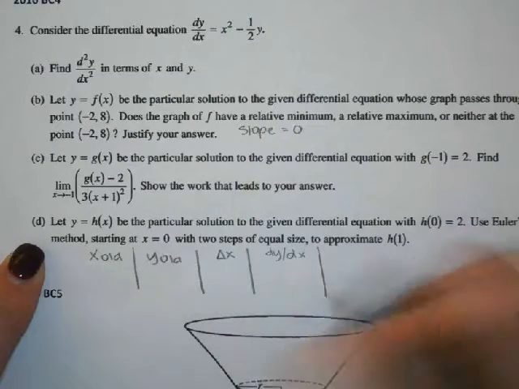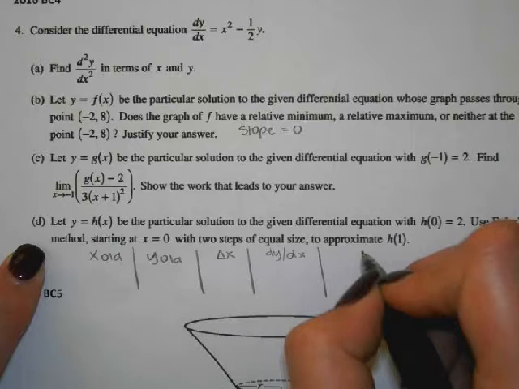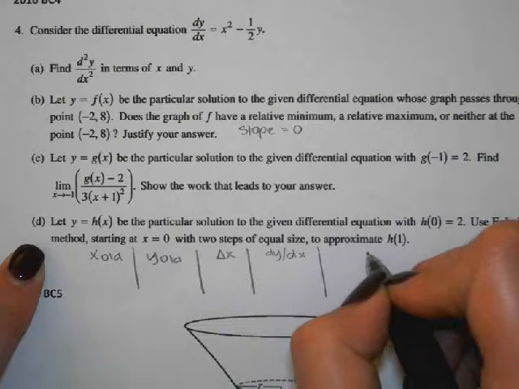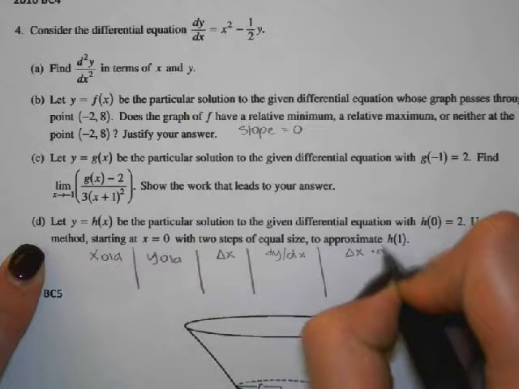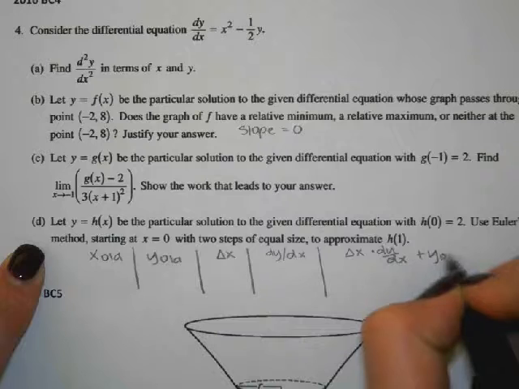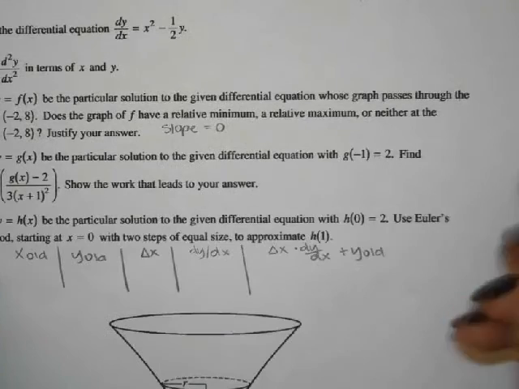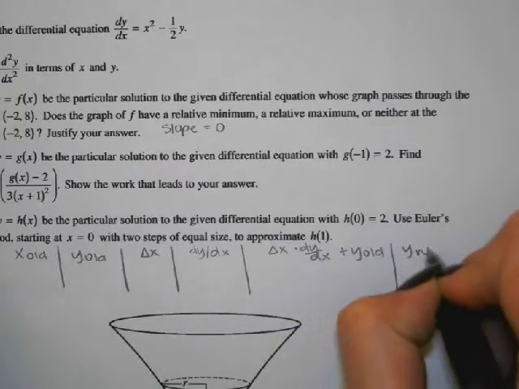And then what's next? You're very, very close. Think about... Yeah, and it's kind of like mx plus b is what it is. Okay, and then what's last? y new. Okay.